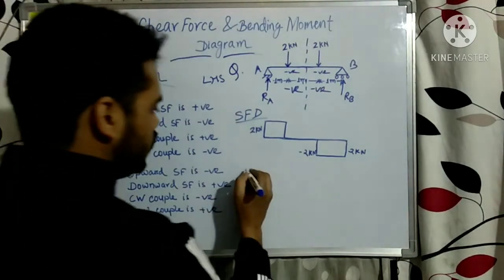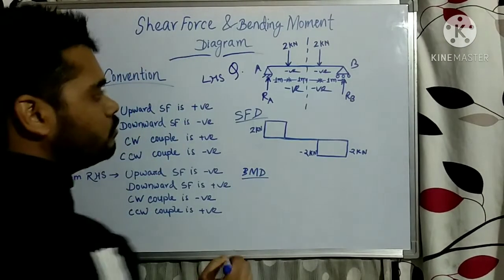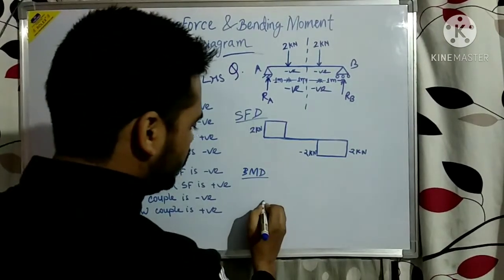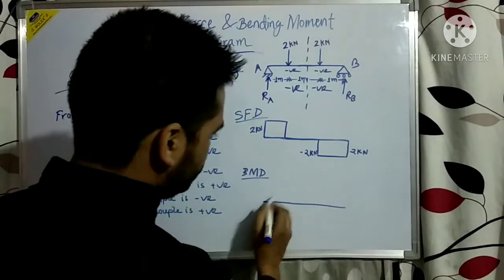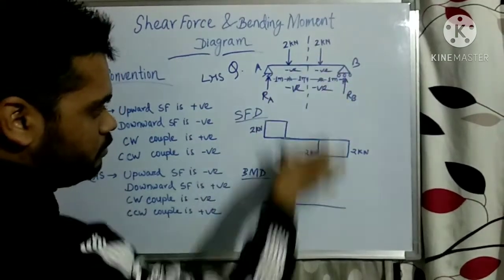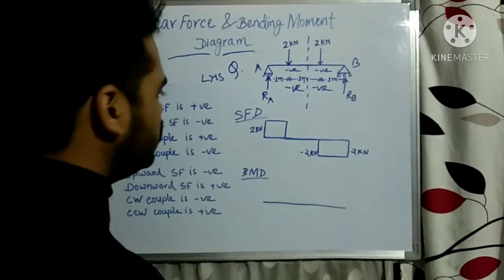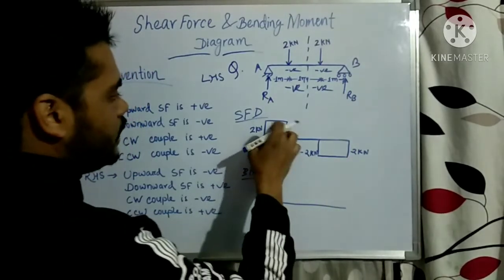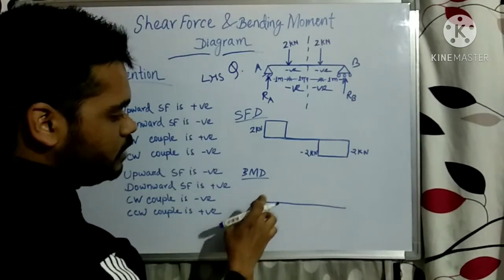Now let me draw the bending moment diagram. For the bending moment diagram, let me draw the neutral axis. This is the neutral axis, just the projection of this beam. For rectangular shear force, the bending moment diagram will be linear.